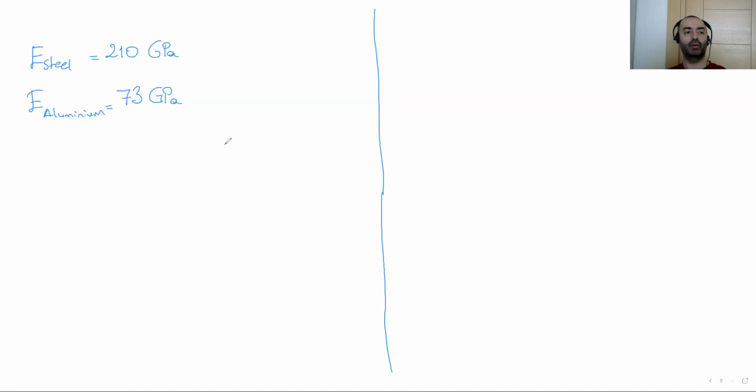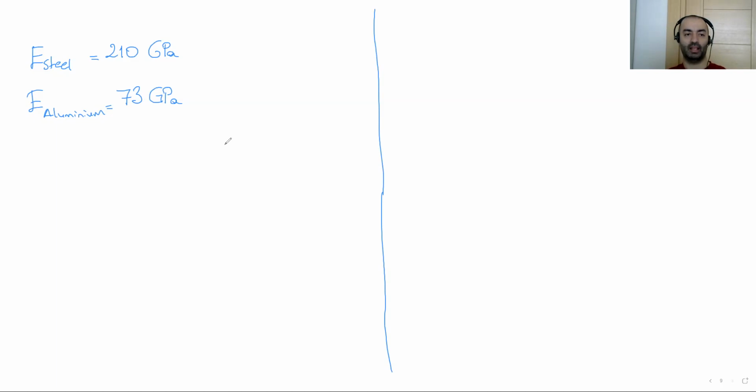So if we have a higher E value, that means we have a really big resistance to deformation. If we have high E, we have really significant resistance to deformation.